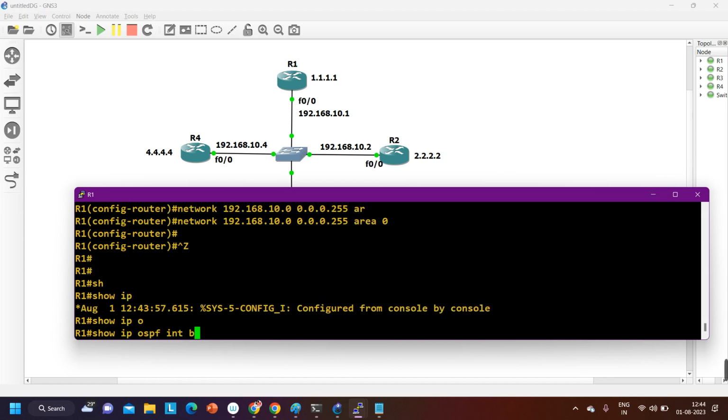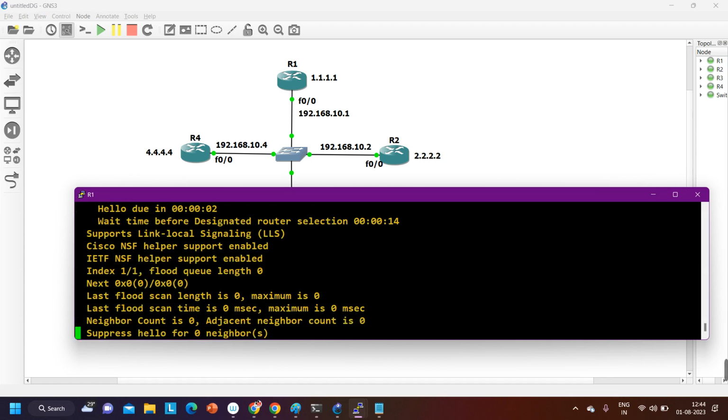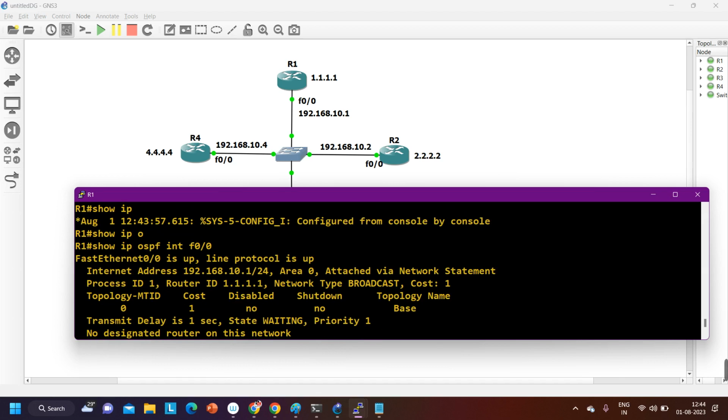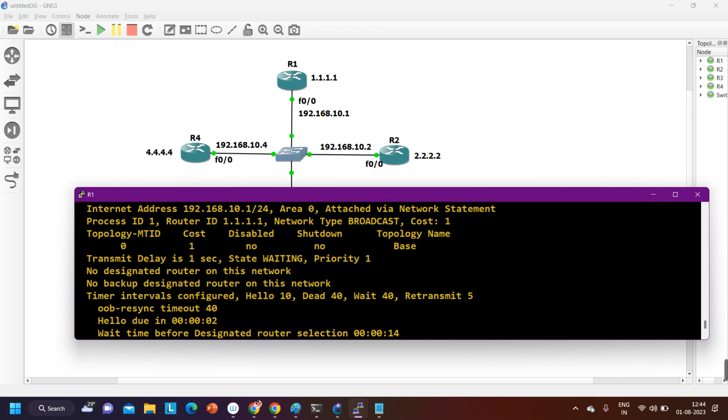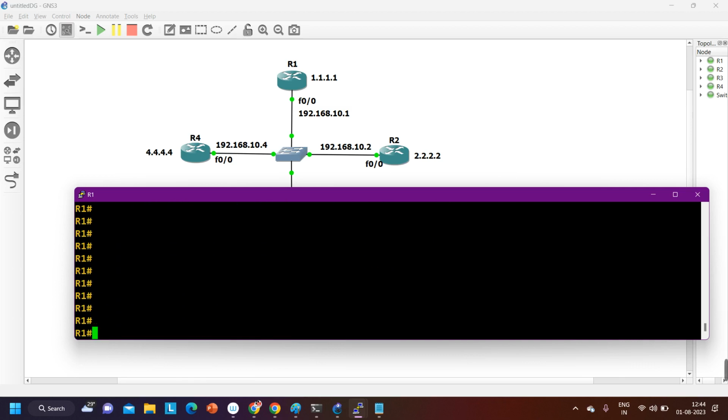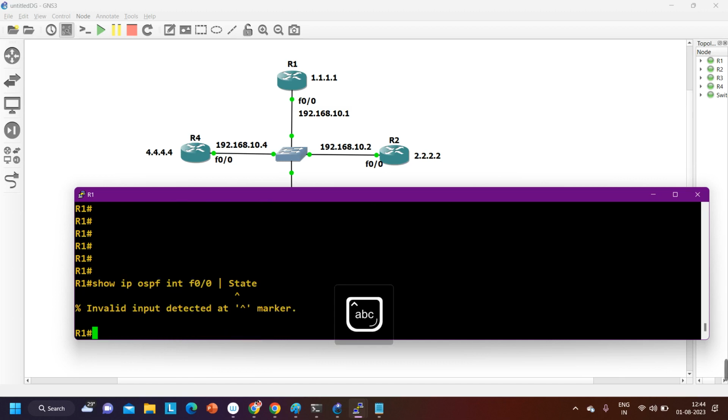Show IP OSPF interface FastEthernet 0/0. You can see now it is waiting, because we didn't enable OSPF on other routers.